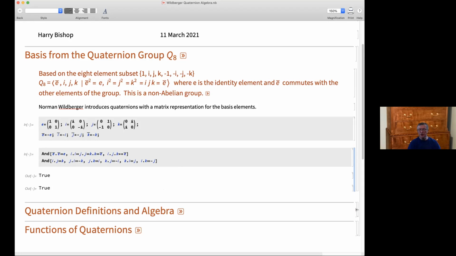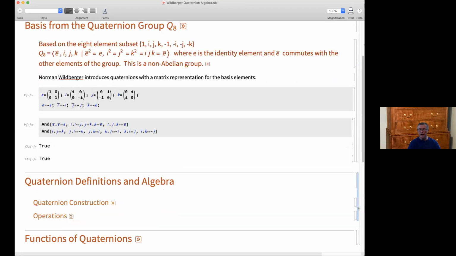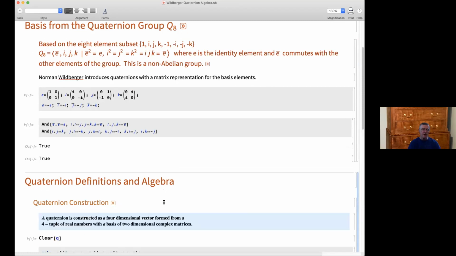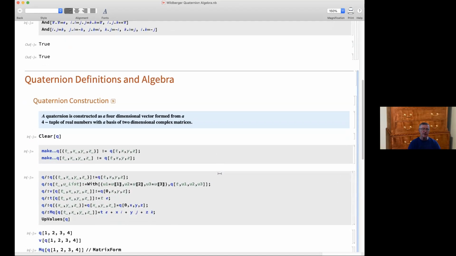So my approach to this was to fall back on the object-oriented way that I did Mathematica earlier with some other notebooks. And that was to construct a quaternion as an independent head. In other words, undefined, but useful as a head element.